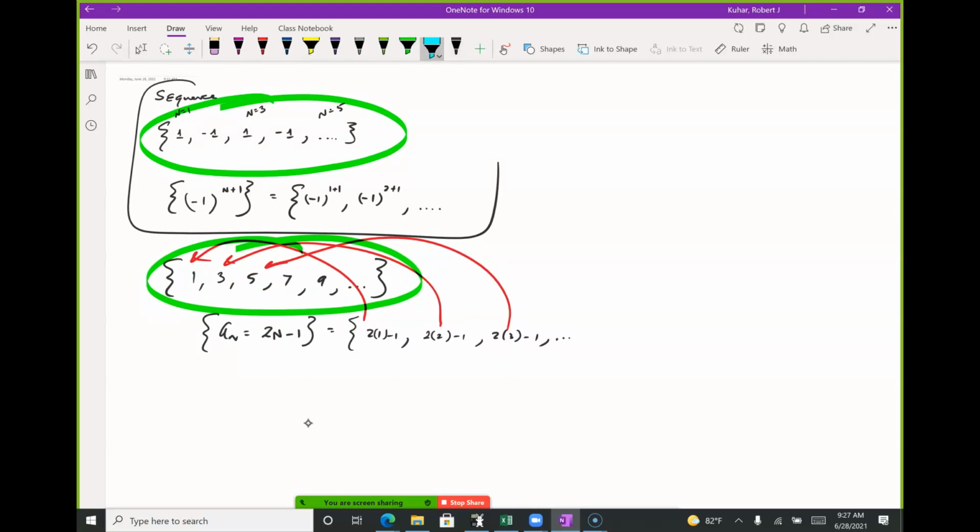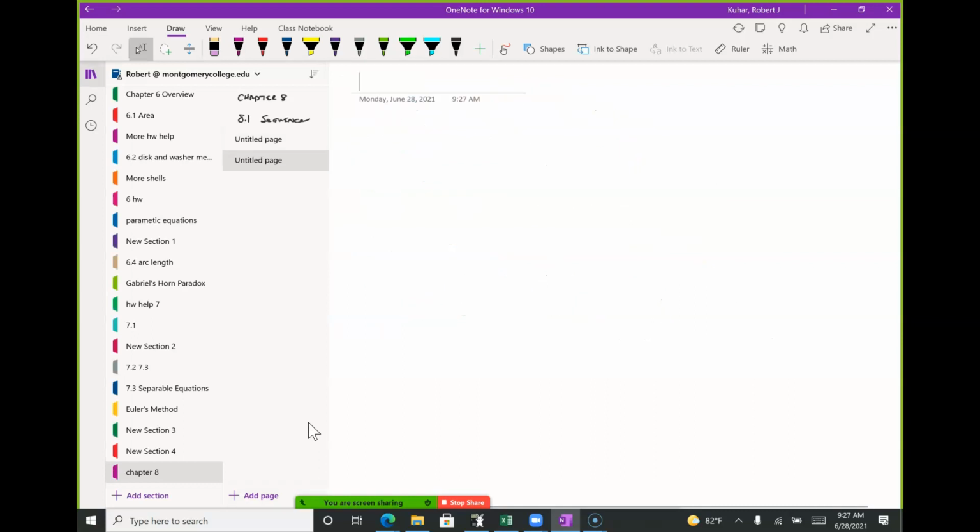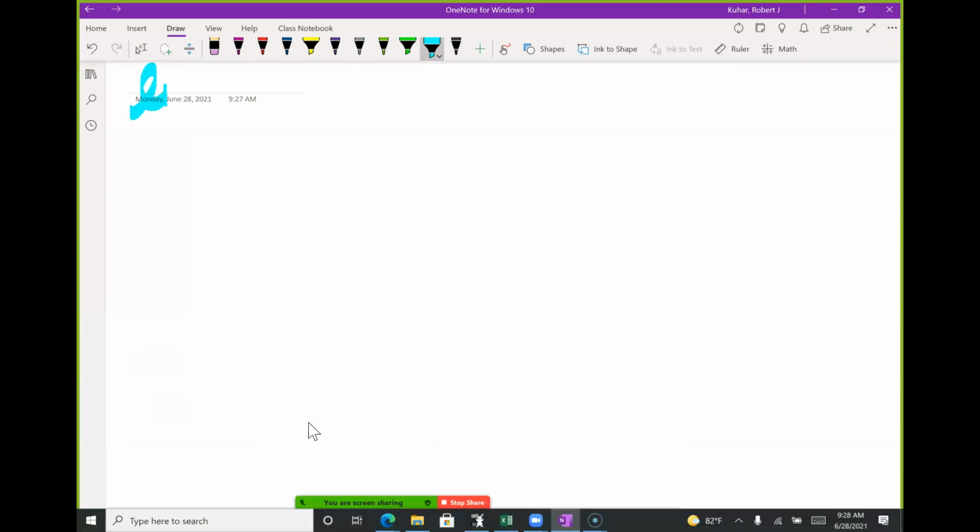No, and that's the oscillator, on, off, constantly going back and forth between these two numbers. We're looking for these things to get closer and closer to a number in order for them to have a limit. We can write this a couple of ways. So we're looking at the limit of sequences.